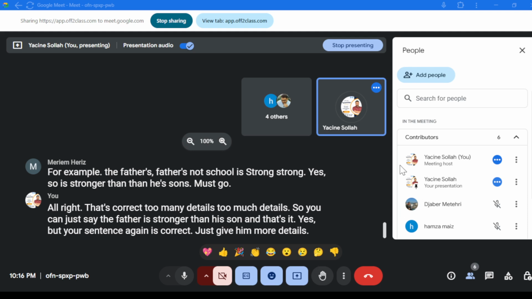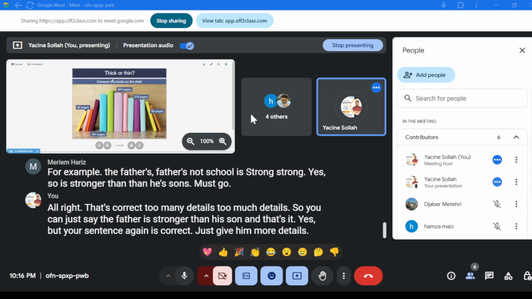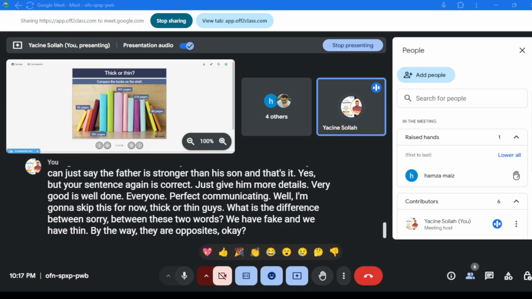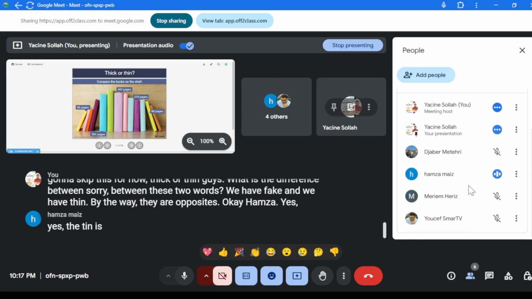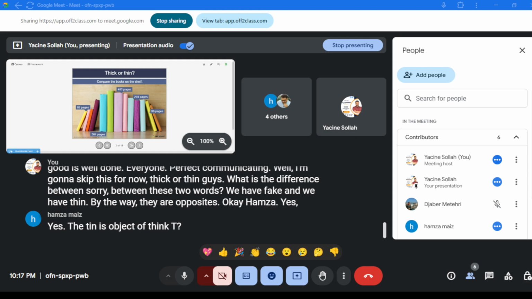Thick or thin? Guys, what is the difference between these two words? We have thick and we have thin. By the way, they are opposites. Okay, Hamza, yes? Yes, thin is opposite of thick. Exactly.